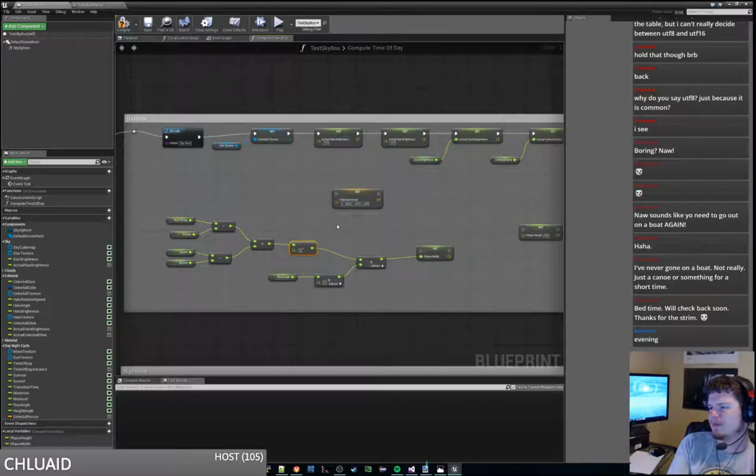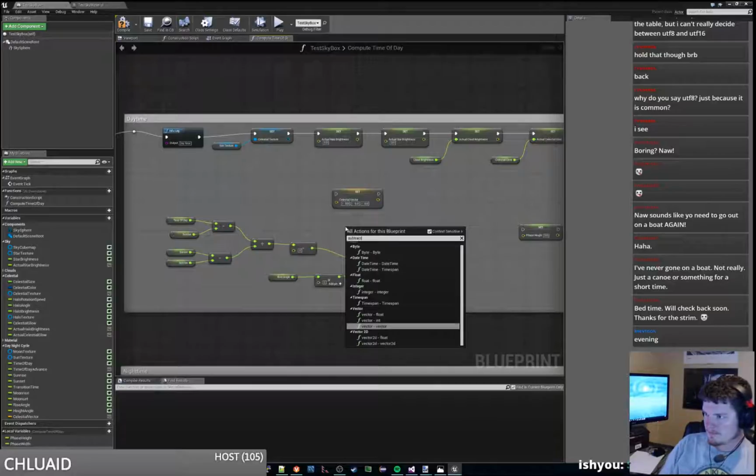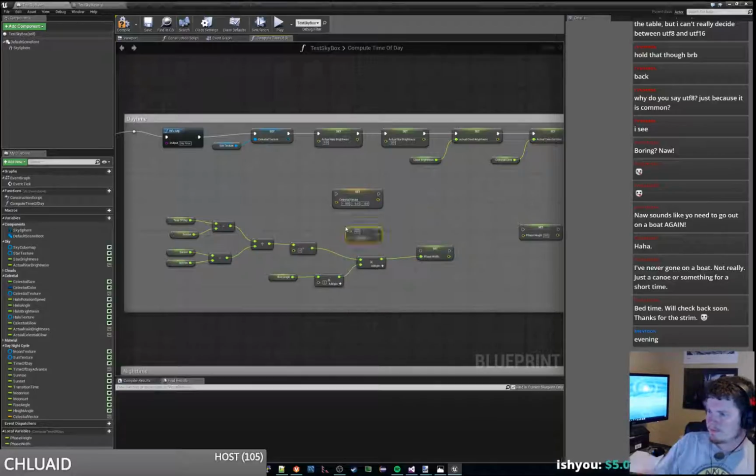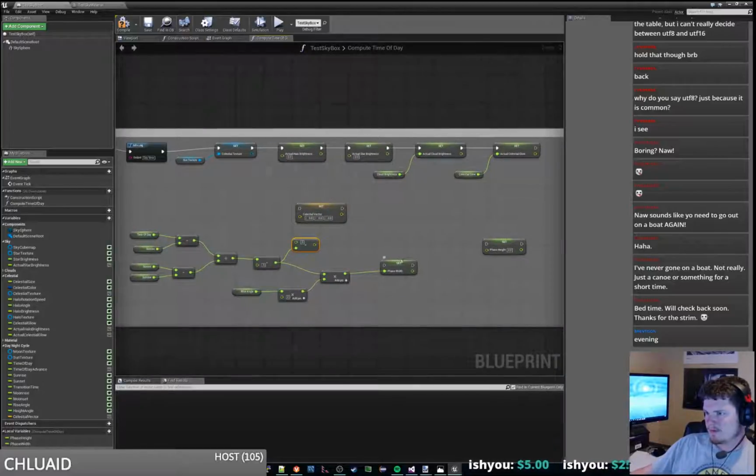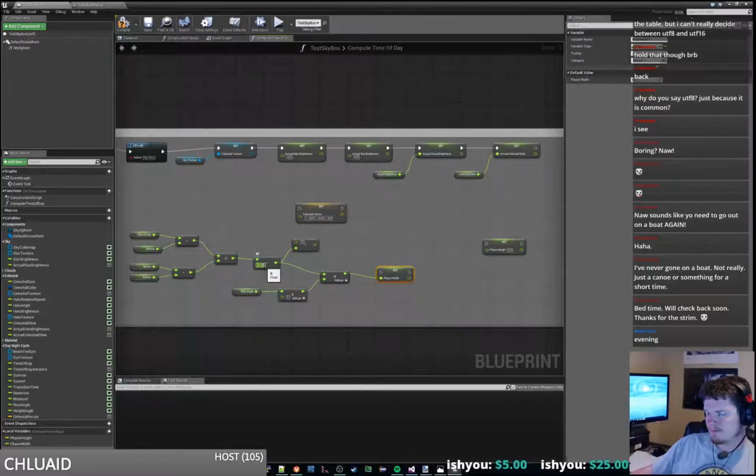So is it like 0.5 minus this thing? It'll be 0.5 minus this value, which is going to go from negative 0.5.